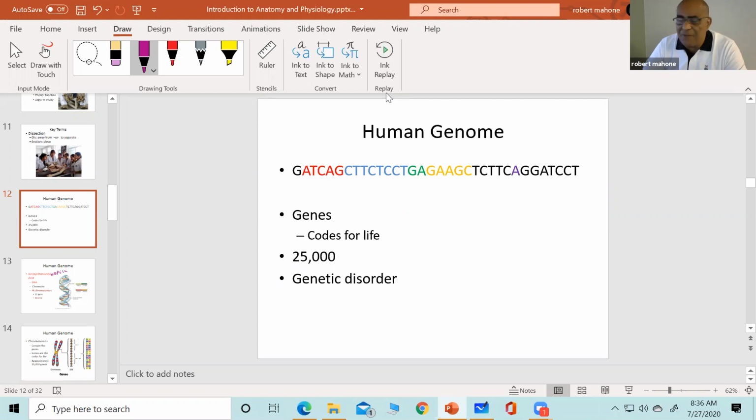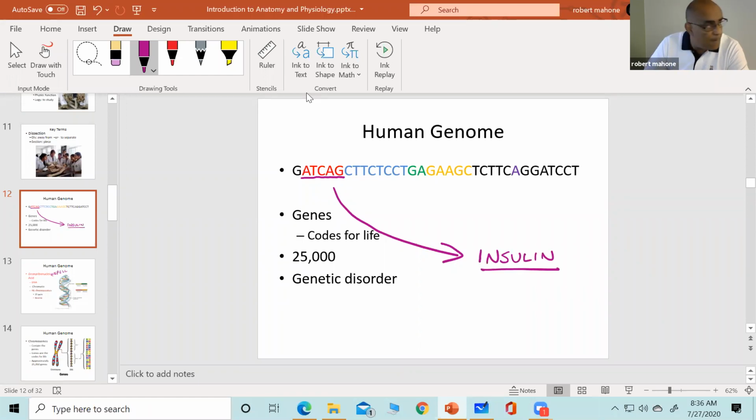Now, so 25,000 genes in there. A gene can be 1 letter, or it can be 27 letters. Our cells have the ability to read that like a book. So they go in there and they get this right here. Now this cell can go out there in your body and create insulin.